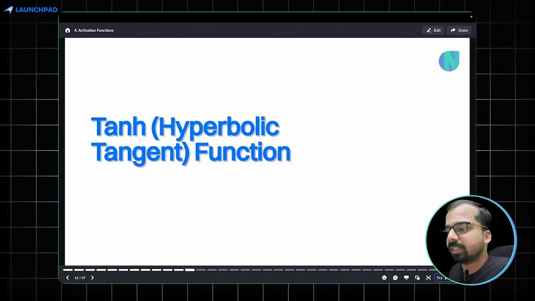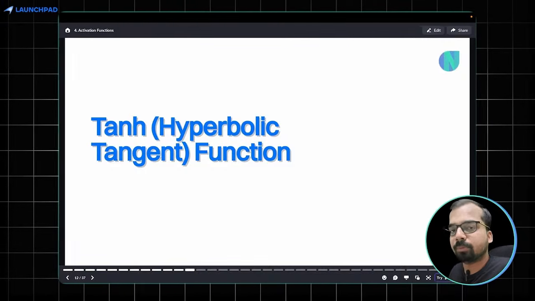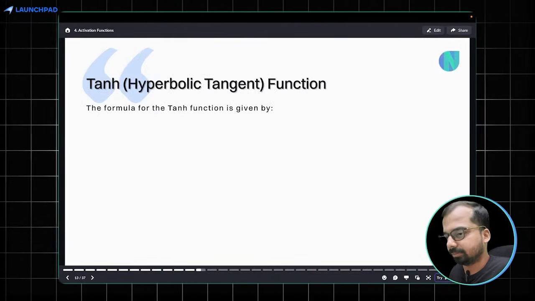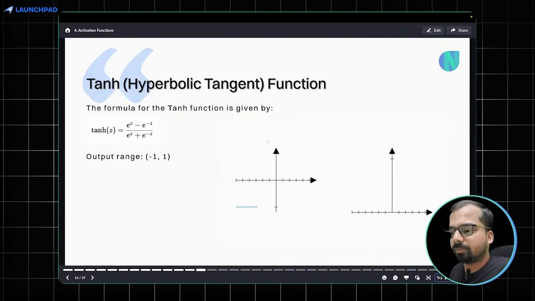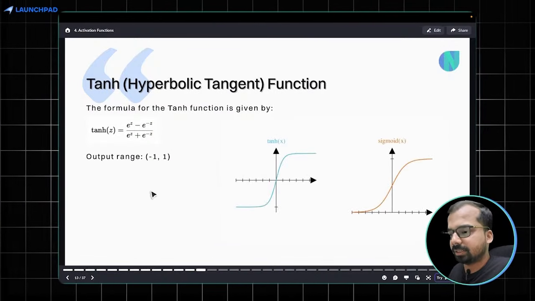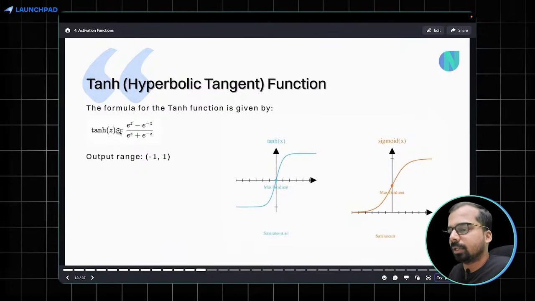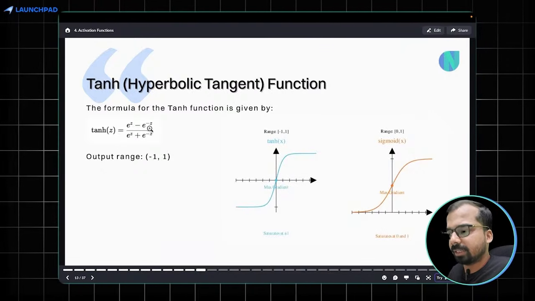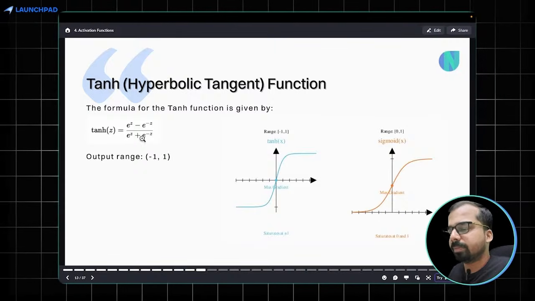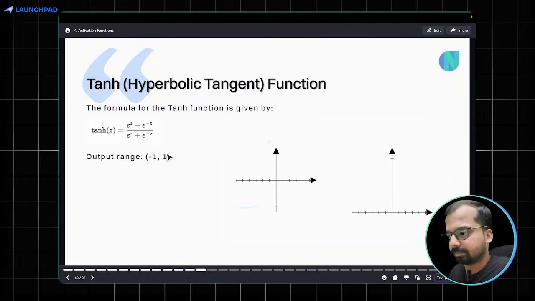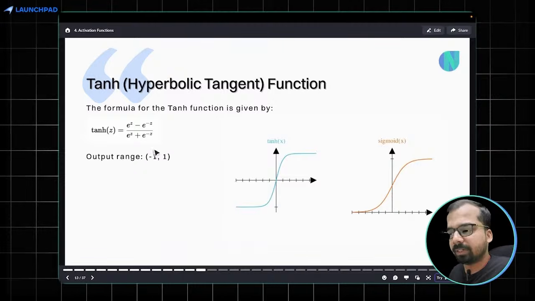Then the next one is tanh or hyperbolic tangent function. The formula for the hyperbolic tangent function, where z again is the weighted sum, is e to the power z minus e to the power minus z upon e to the power z plus e to the power minus z. Its output is bounded between minus 1 to 1.